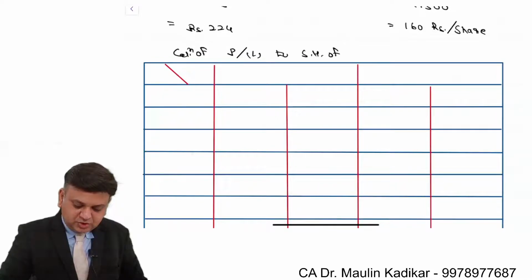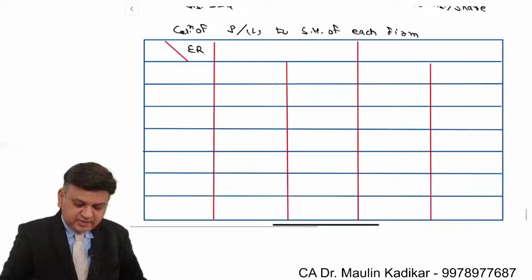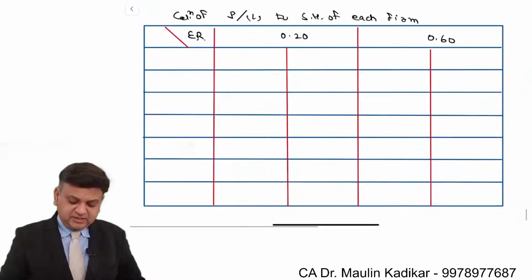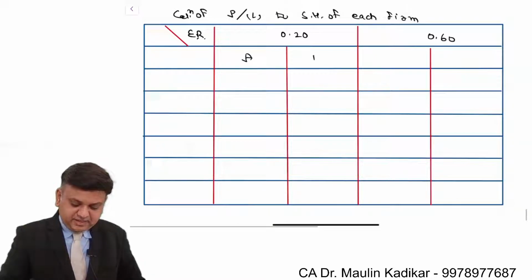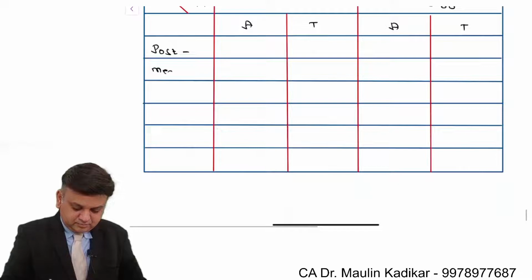There are two exchange ratios provided to us. One is 0.20, another is 0.60. We'll work out the answer in this way for the acquiring company and the target company. For both, we'll make a comparison of the post-merger with the pre-merger.